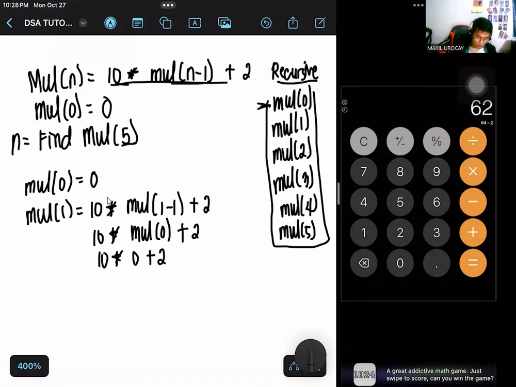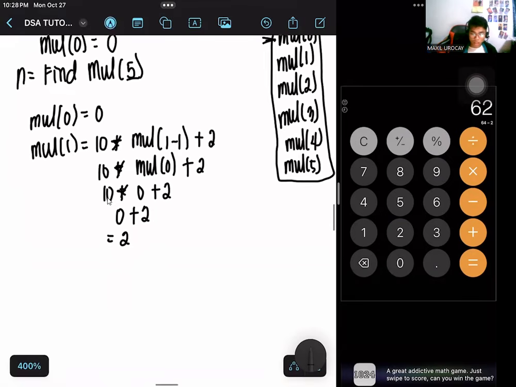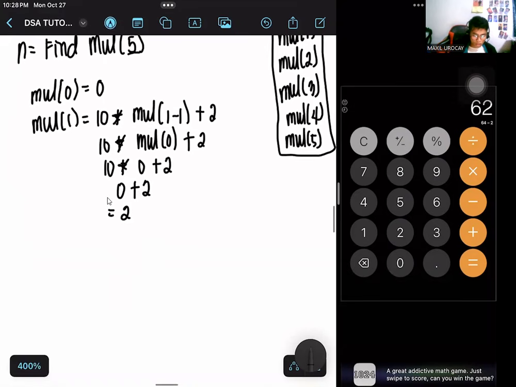Therefore it becomes 2, so your mul 1 right now is equal to 2. That's how we calculate that one. I did it step by step so that you will really understand how it works.